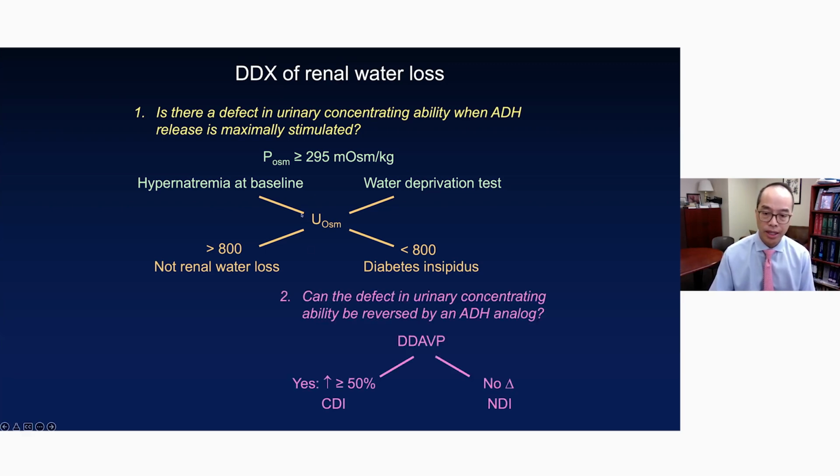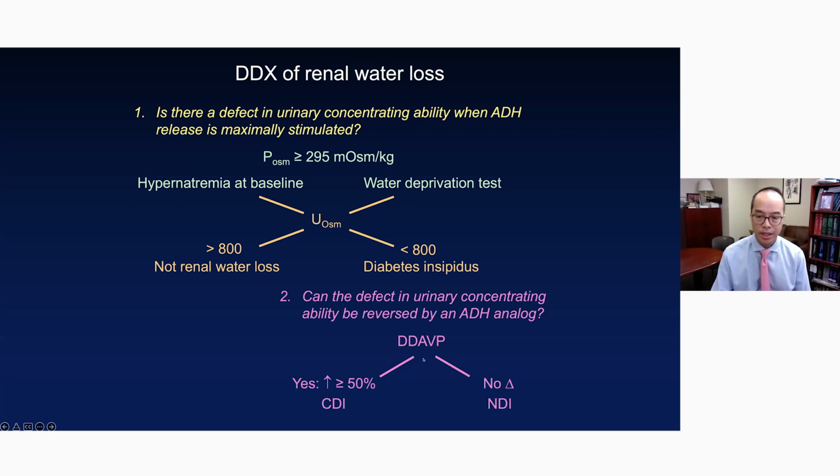Then if you've diagnosed diabetes insipidus, we need next to distinguish whether this is nephrogenic or central. And we ask the question, can the defect in urinary concentrating ability be reversed by a vasopressin analog that acts on V2 receptors, in other words, DDAVP?